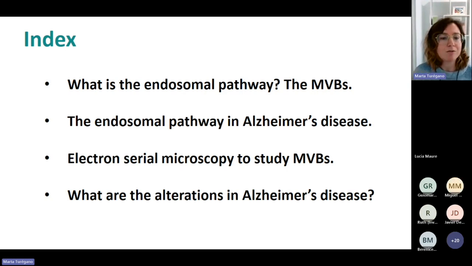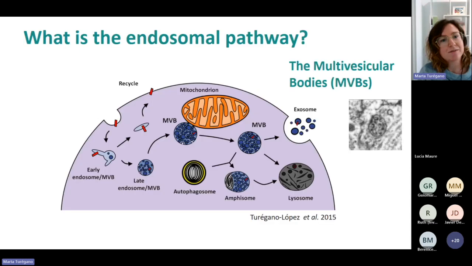And then I'm going to introduce you the electron serial microscopy to study the multivesicular bodies. To finish my presentation, I would like to show you some preliminary results that we have about the alterations that we found in Alzheimer's disease samples. So let's start.